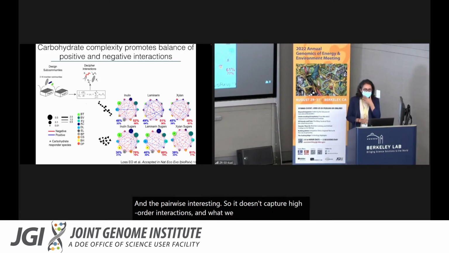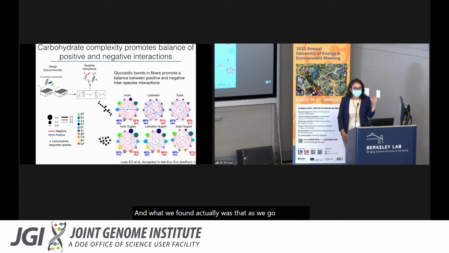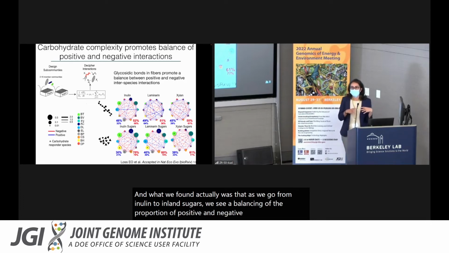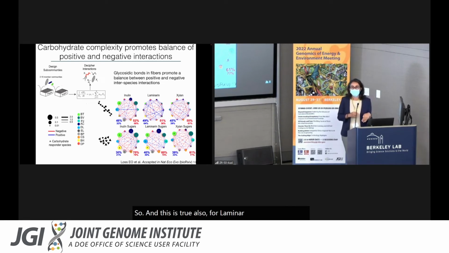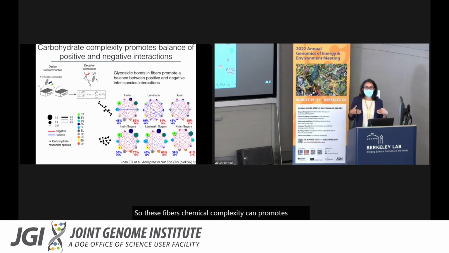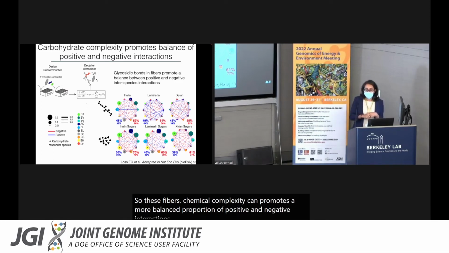And what we found actually was that as we go from inulin sugars to inulin, we see a balancing of the proportion of positive and negative interactions in the community. And this is true also for laminarin and for xylan. So these fibers, their chemical complexity, promotes a more balanced proportion of positive and negative interactions within the community.